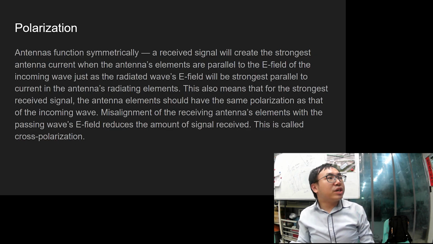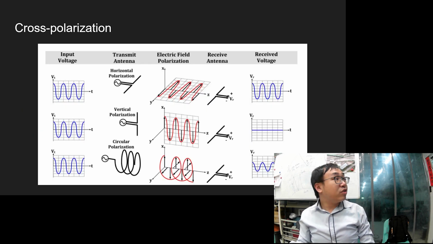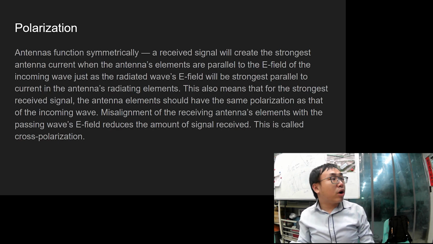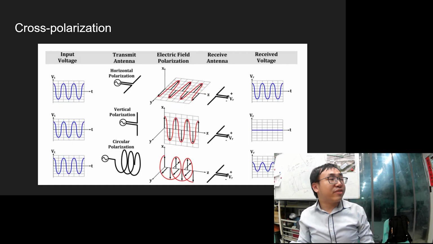Polarization. You see a lot of words here, right? I'm not going to go through these words, I will just go through this one. The polarization of the voltage input and the antenna have to match each other.